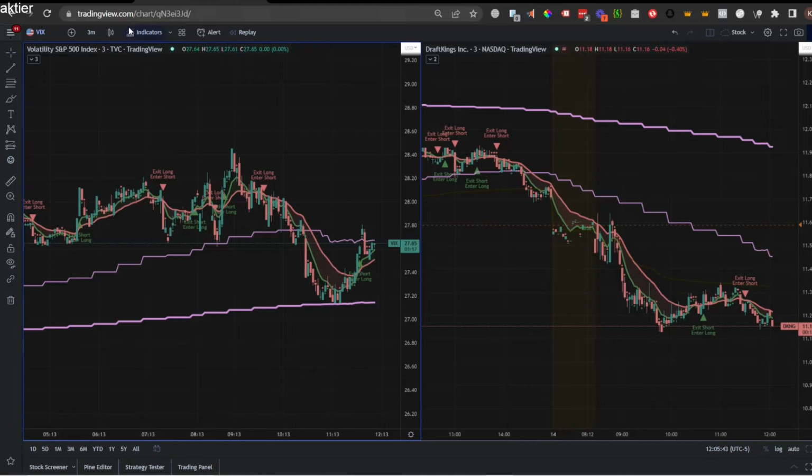I have here TradingView.com. You can subscribe, it's free for 2 charts at a time, and you actually don't need more than those 2 charts. It's a very simple setup. On the left-hand side you have the VIX, which stands for volatility index.